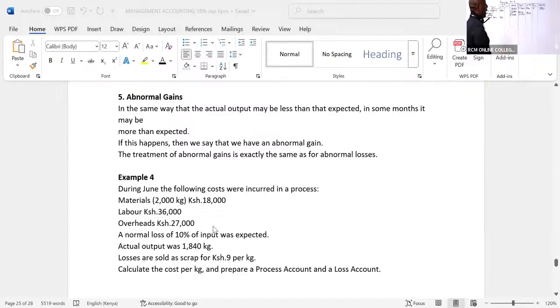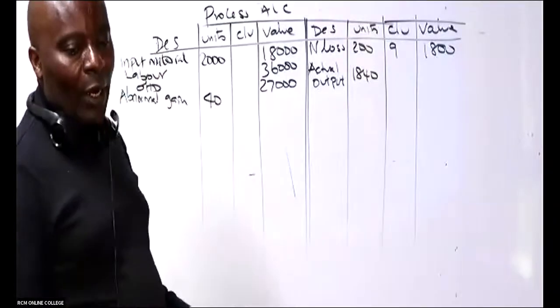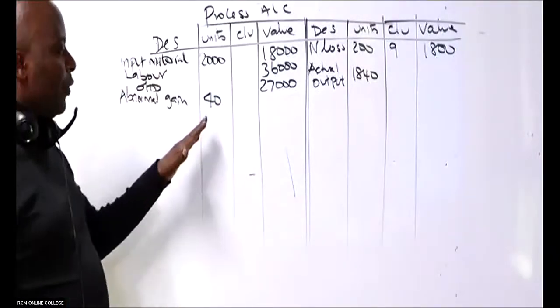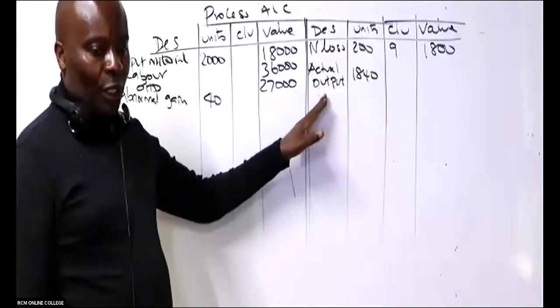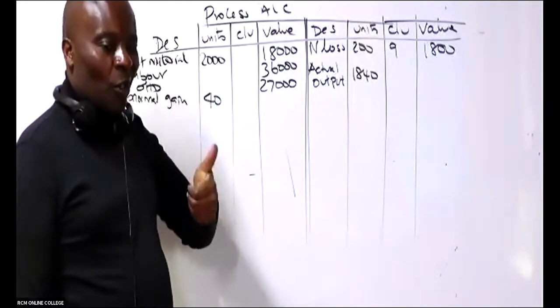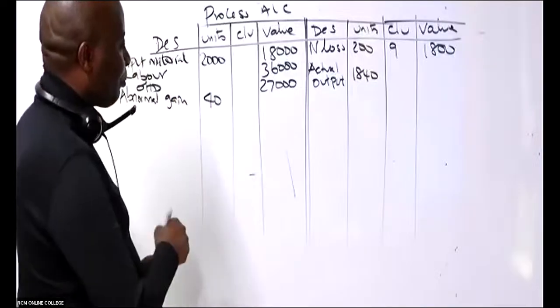So then I only have two things to value here. I would want a value for the normal gain. I would want a value for the actual output. So these two things, I'll have to use the process cost per unit formula.